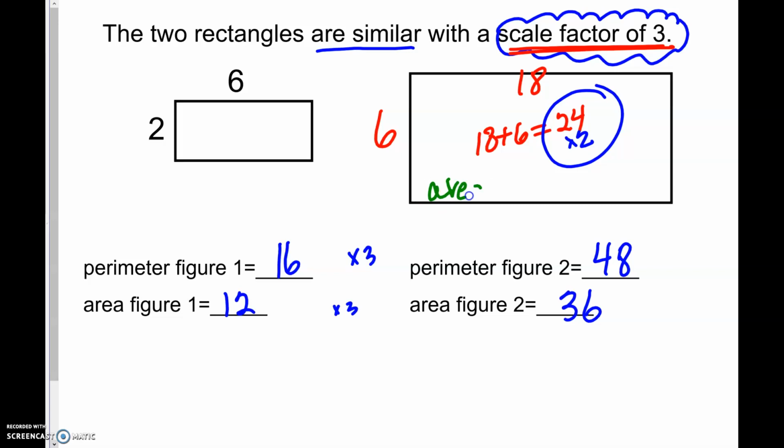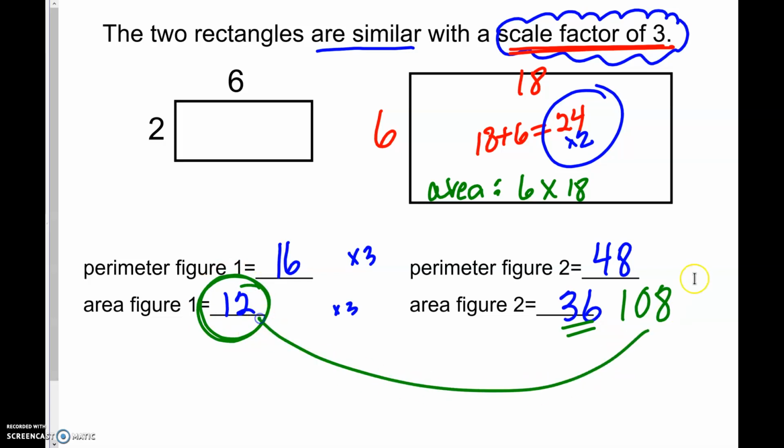So the area of this figure is going to be 6 times 18, base times height. So 6 times 18 is, wait a minute, it is 108, but we said that we thought it was going to be 36. Those numbers aren't anywhere near each other. So how do we go from the area of 12 to the area of 108?